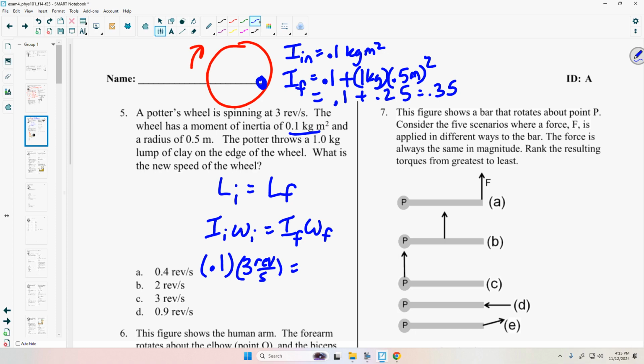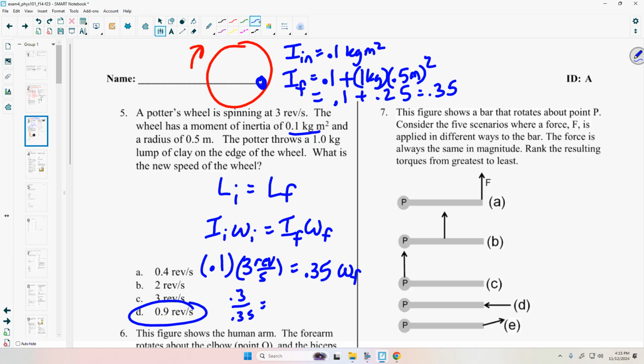Remember, with the conservation of angular momentum, I don't have to put it in radians per second. The units will work out. And then I final is 0.35 times omega final, and then I solve that for omega final. So that's 0.3 over 0.35. I get 0.85, or 0.9 revolutions per second.